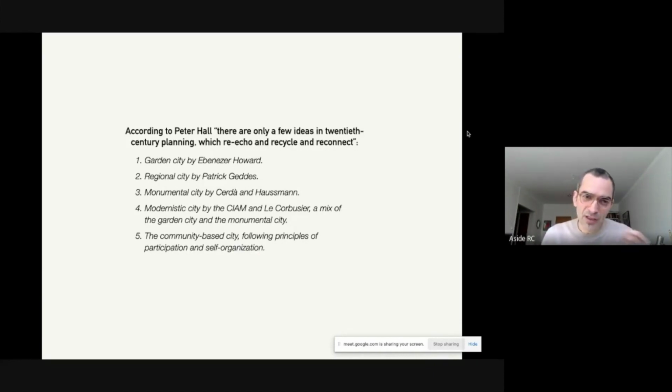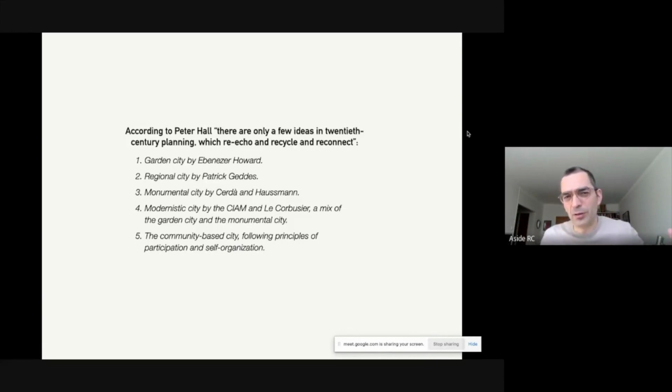On the one hand, he talks about the Garden City of Howard that I just mentioned. Second, the Regional City by Patrick Geddes, the Scottish biologist and planner. Then the Monumental City by Cerda and Haussmann that we just saw, Barcelona and Paris.